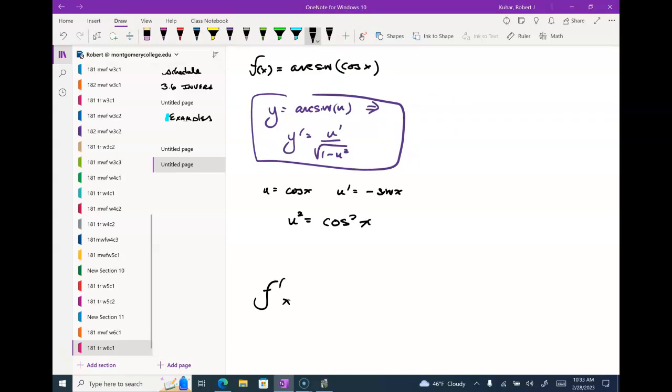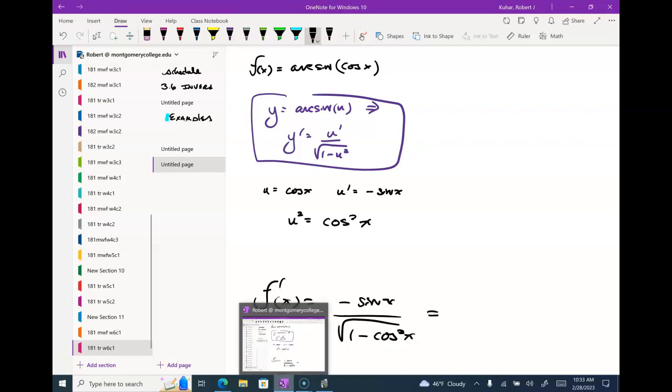So f prime of x. What's u prime? Negative sine of x. What's u squared? 1 minus cos squared of x. Oh, what's 1 minus cos squared of x? All my trig students should know instantly what 1 minus cos squared of x is. I have no idea how you would not know 1 minus cos squared of x is sine squared.